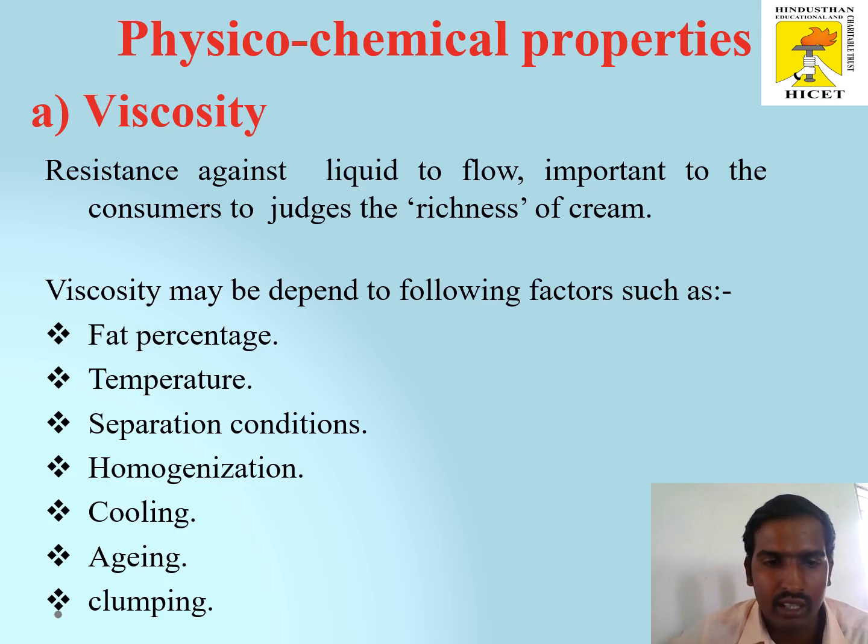And the aging process: for how long you hold the cream, with respect to the storage temperature. And clumping: after cooling and aging, the formation of clumps of the cream, and the size of the clumps, all depend on whether the product has more viscosity or less viscosity.